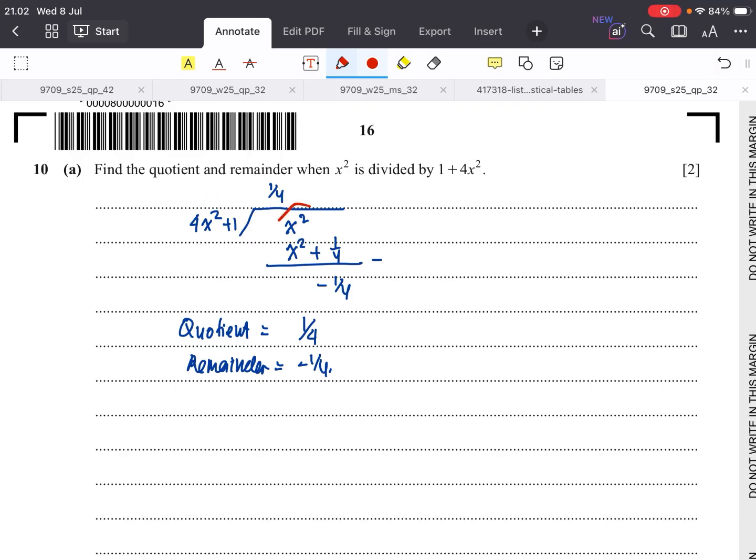So in order to eliminate the x squared, we need to multiply 4x squared by 1/4. So we get this, and then we subtract. We can eliminate the x squared, and then we get this one, -1/4. So this is the quotient, 1/4, and this one is the remainder, -1/4.